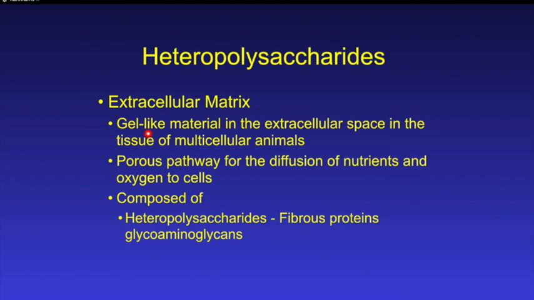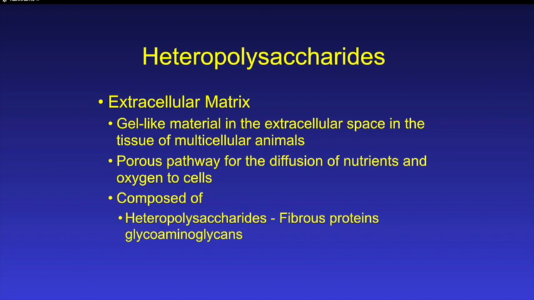The gel-like material between the extracellular space in multicellular organisms actually have these polysaccharides that are being dissolved in the liquid and creates this gel-like material that allows adhesion. Now, it is porous enough in terms of water to get through and diffusion of nutrients, oxygen, and small molecules, but they also create that thickness.